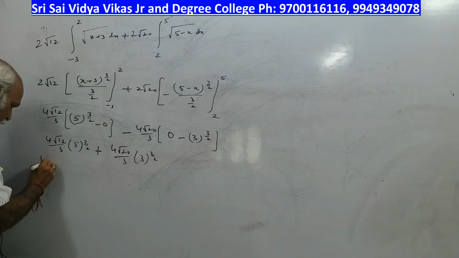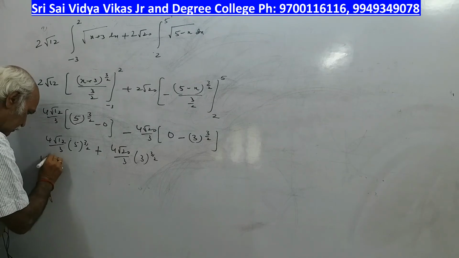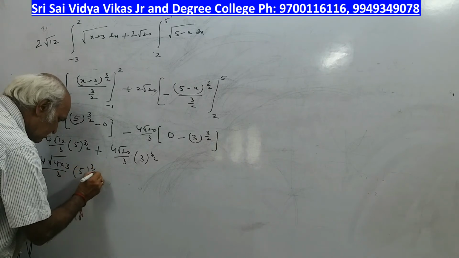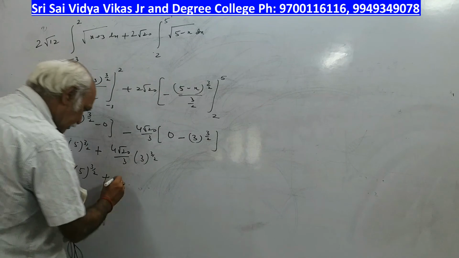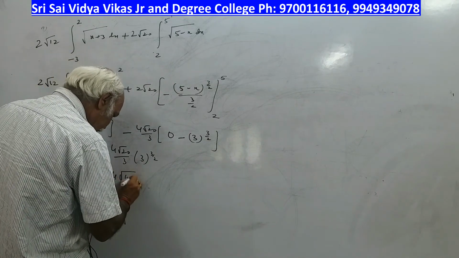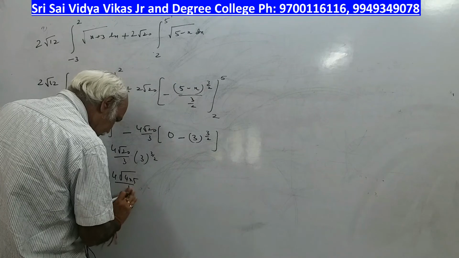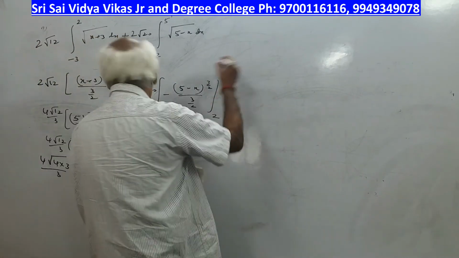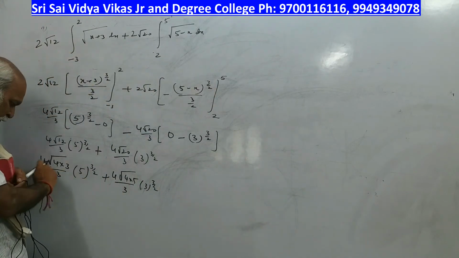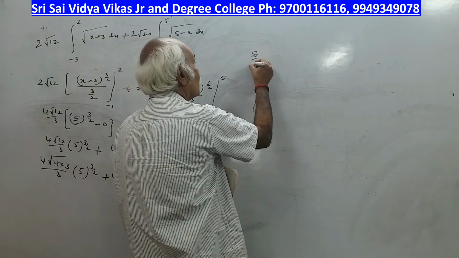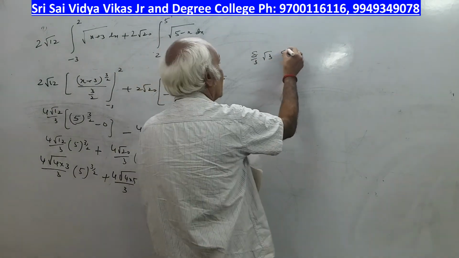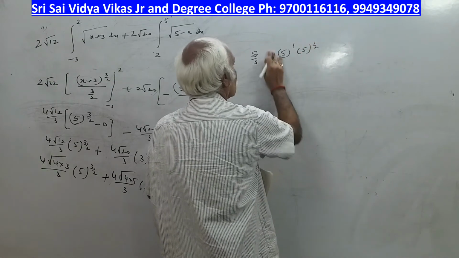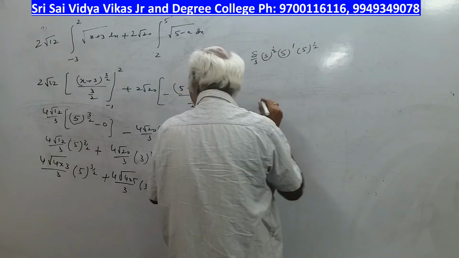Now this can be written as 4 into 3 by 3, 5 power 3 by 2, plus this can be written as 4 into 5 by 3, 3 power 3 by 2. So this becomes square root of 4 is 2, sir, 2 into 4 is 8 by 3, root 3, again 5 power 1 into 5 power 1 by 2.